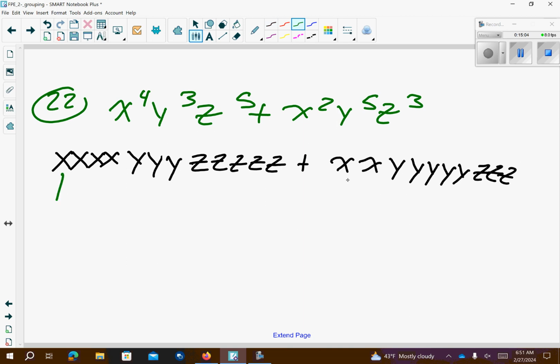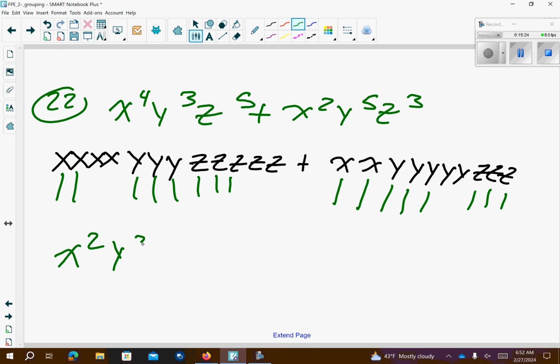All right, so I have an x and an x. I have another x and another x. That looks like it for the x's. I have a y and a y, a y and a y, a y and a y. I have a z and a z, a z and a z, a z and a z. So I have xx, which is x squared, yyy, which is y to the third, zzz, which is z to the third.